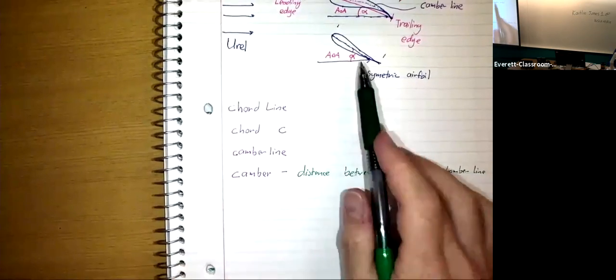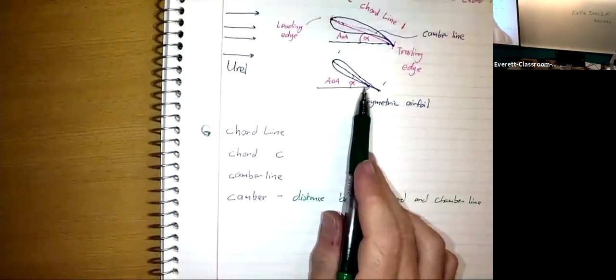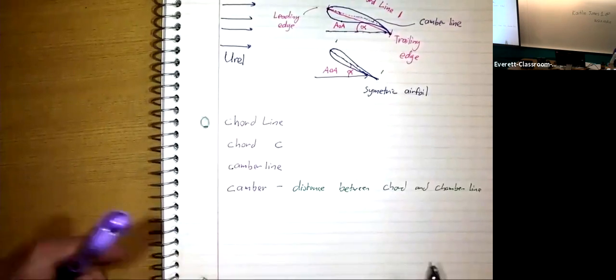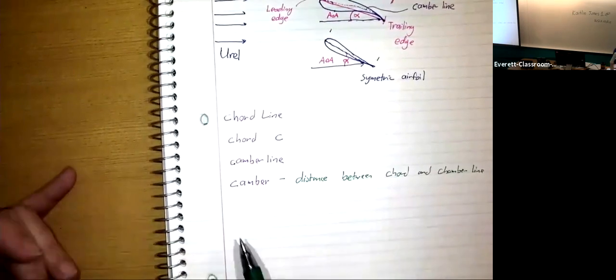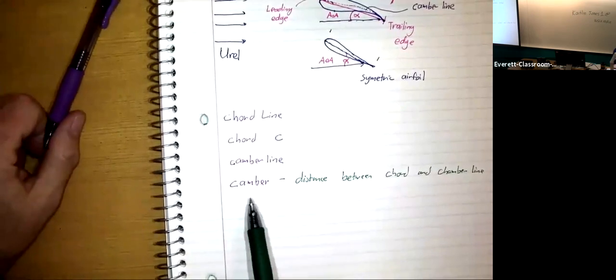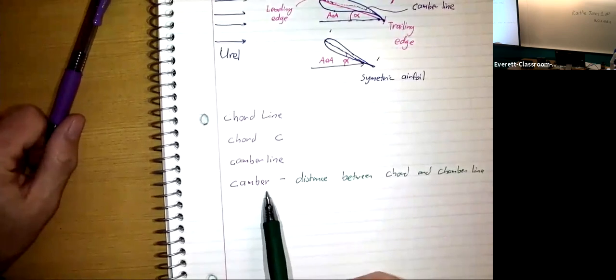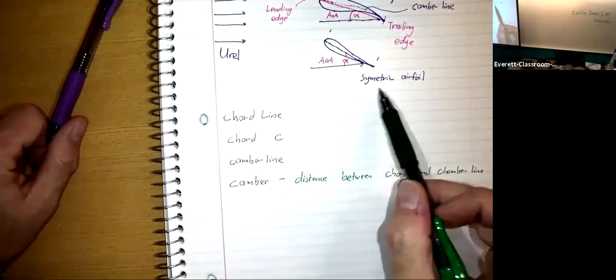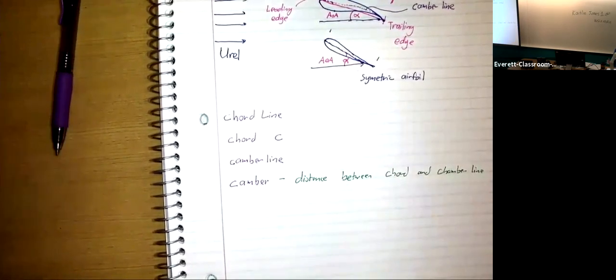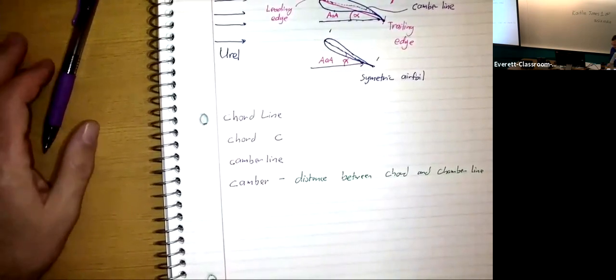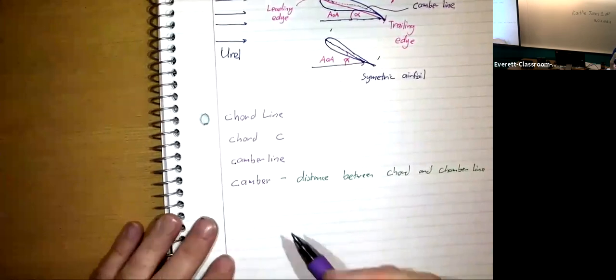So if it's symmetric, like this one, then the camber is 0. Okay, and having a camber of 0, having a maximum camber of 0, and being a symmetric airfoil are synonymous. Those are two ways of saying the same thing.